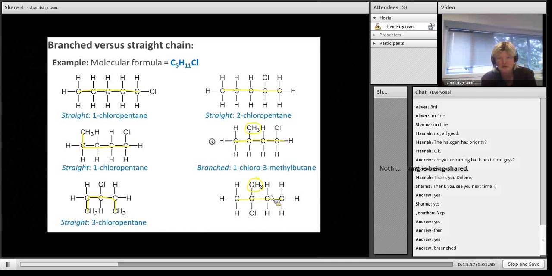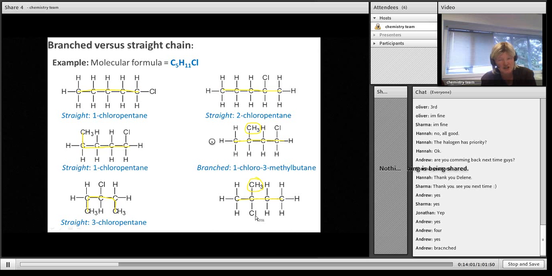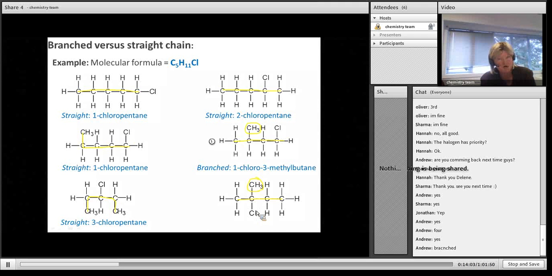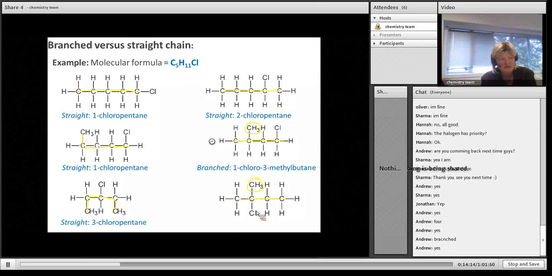Or if you had drawn something like the 6th molecule here with an OH here, that would also be a branched chain alcohol with 5 carbons in it. So you think you are okay with straight and branched? Okay, so one of you is.